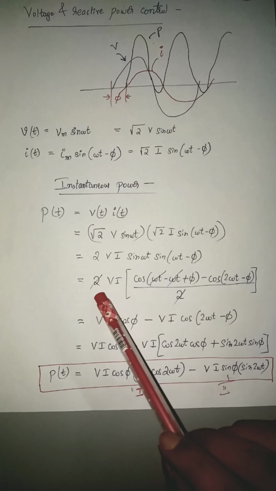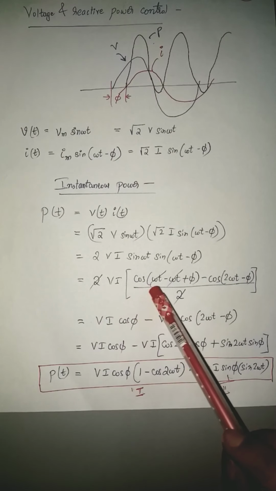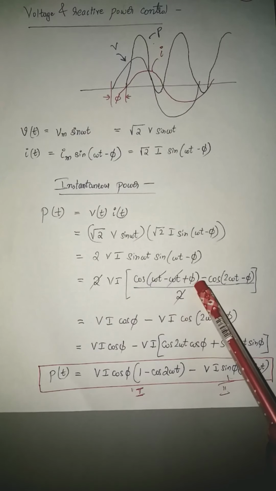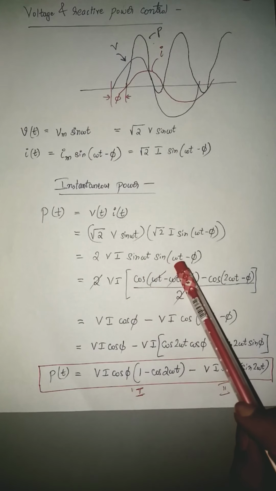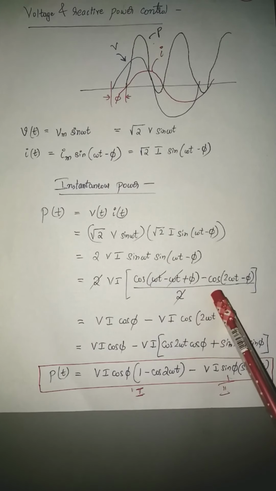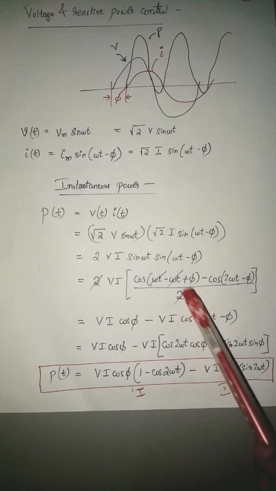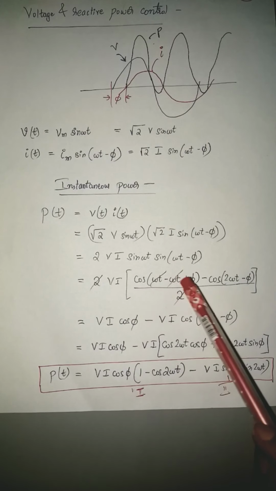So it becomes 2 times VI into cos of omega t minus omega t plus phi, minus cos of 2 omega t minus phi, divided by 2.